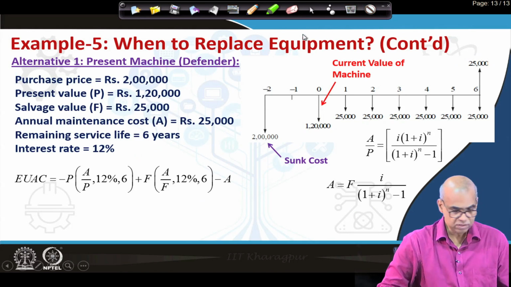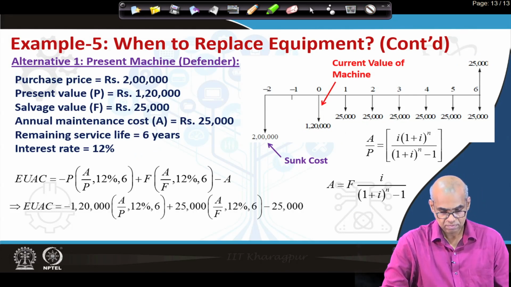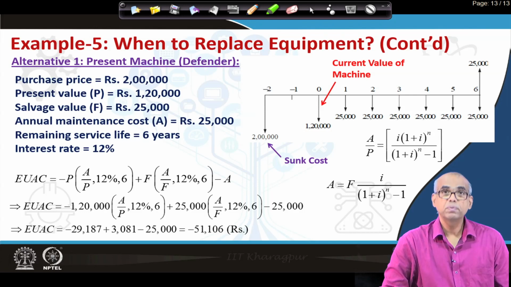If you compute this, you will obtain the equivalent uniform annual cost of the present machine or Defender as rupees 51,106.